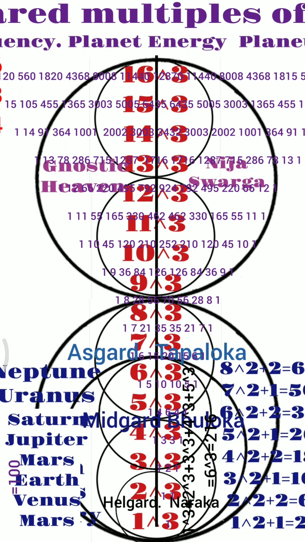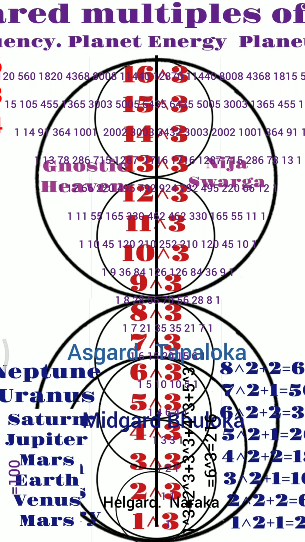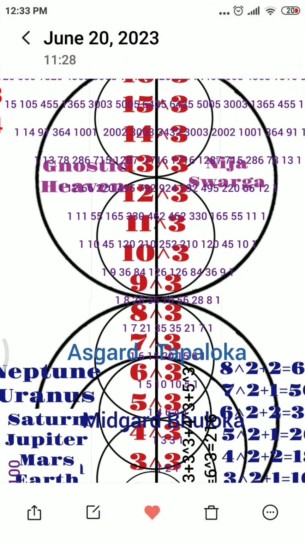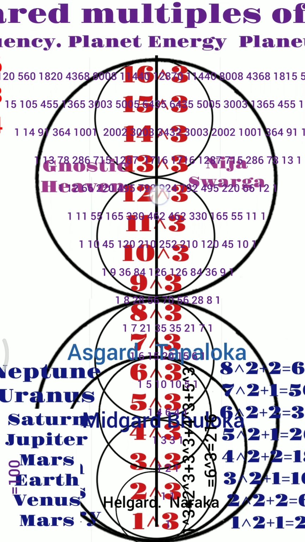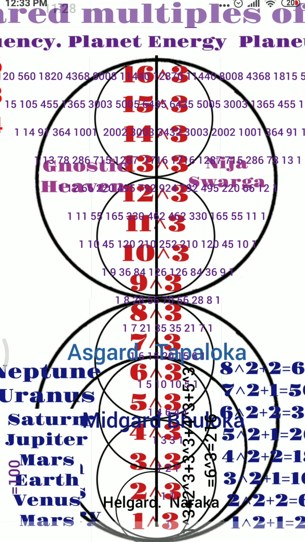So that is pretty much what I call the Gnostic heaven, this Nijaswarga. The Tapaloka is the fake Swarga. It is not Swarga, in fact. This is the Swarga, and till 8 cube man can reach very easily, but with little effort he can reach 12 cube also. And from 12 cube to 16 cube it is very difficult to reach.